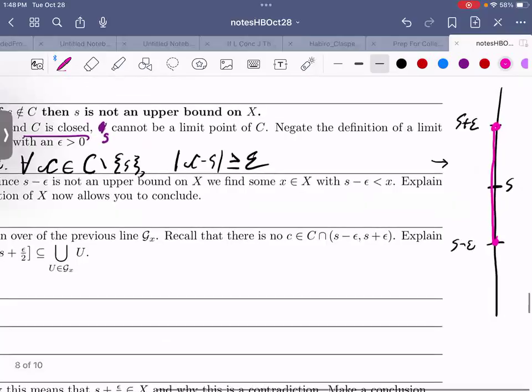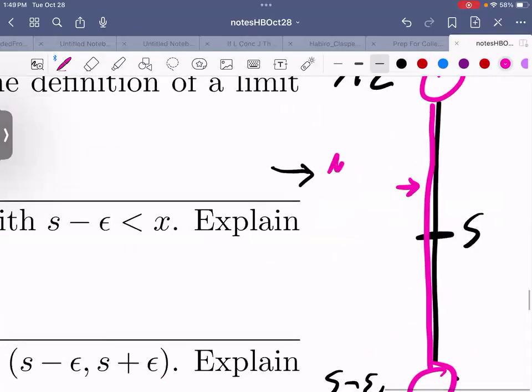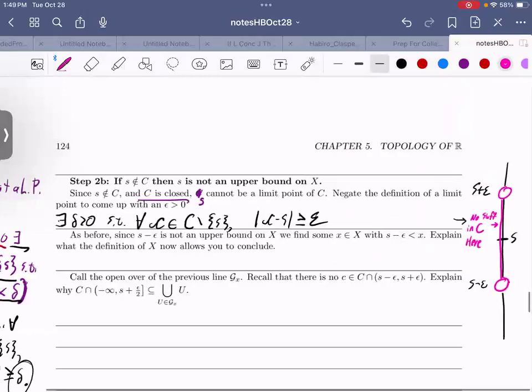So, open endpoints. No stuff in C here. Because remember, you might worry, what about S? S could be in there. Oh, but S is not in C by assumption. So again, that minus S doesn't actually do anything for us right now.